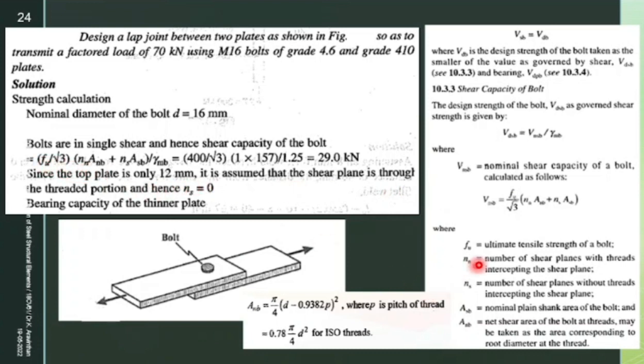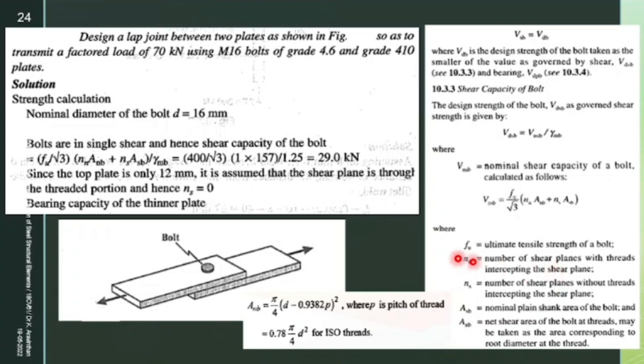Then n suffix n, that is number of shear planes with the threads intercepting. So how many shear planes are there? If you have any material and if a material is being pushed by a single force, you will be having a single shear. When you are having 3 number of plates, you will be having double shear.